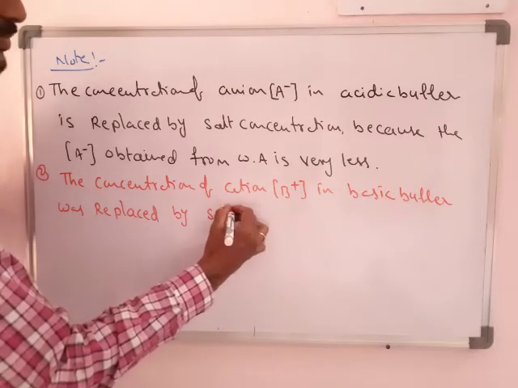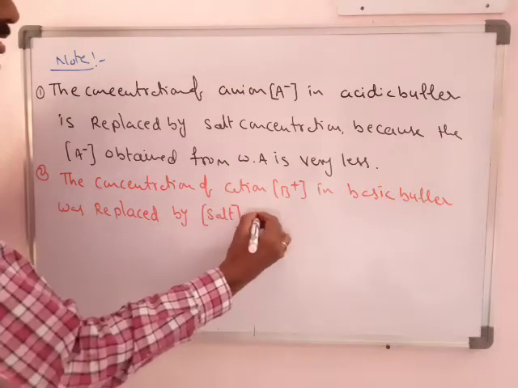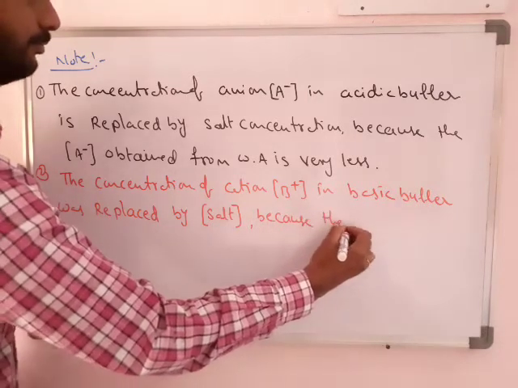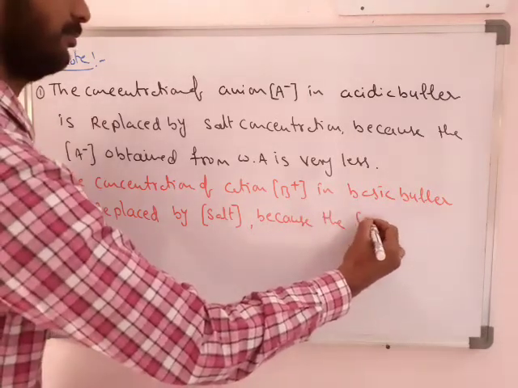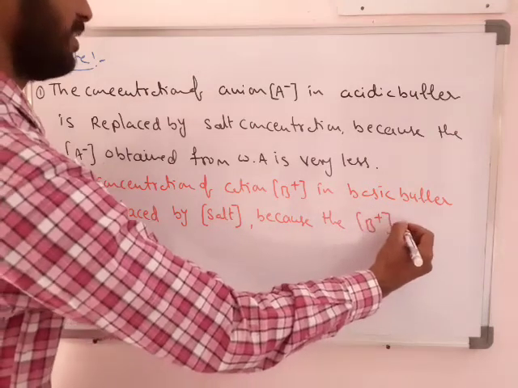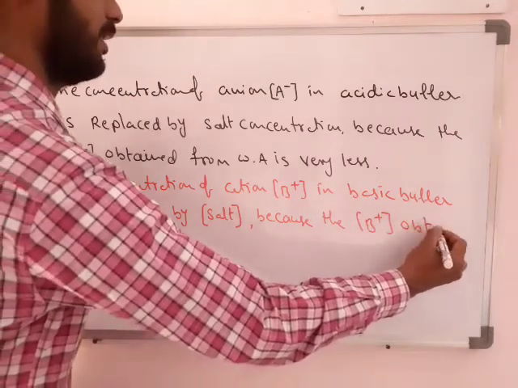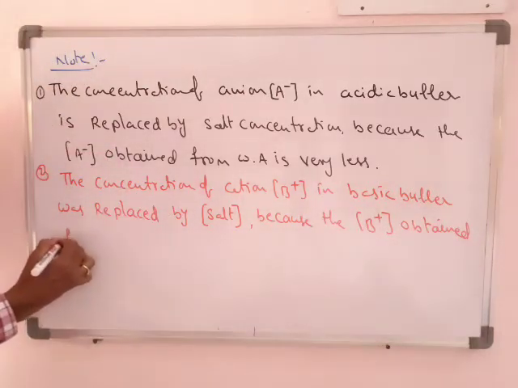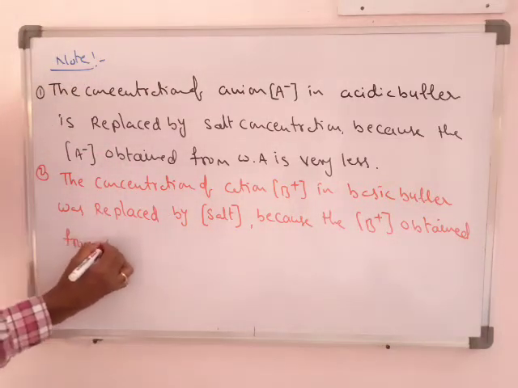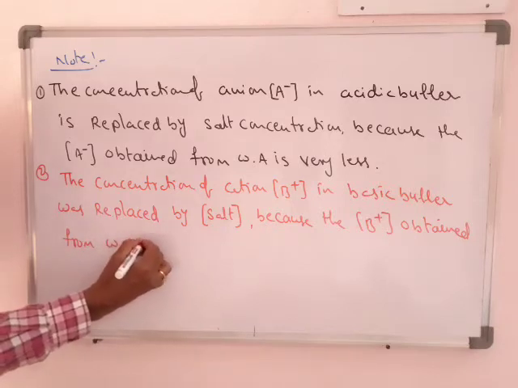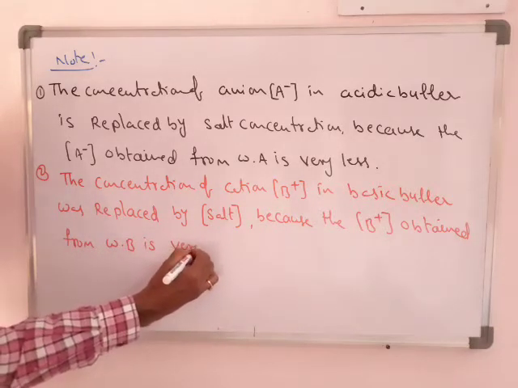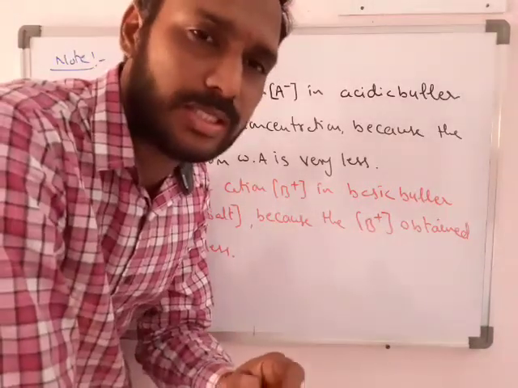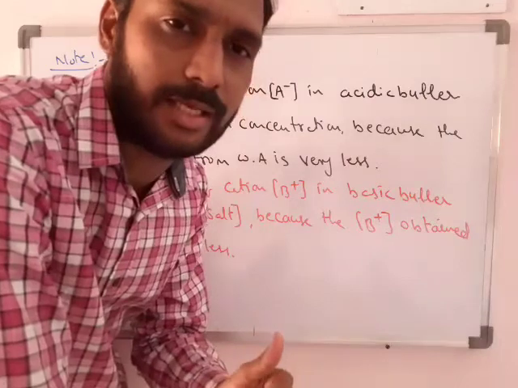Again the same, replaced by salt concentration. Why? Because the B plus concentration obtained from weak base is very less, whereas this B plus concentration is considerable in the salt. Okay.